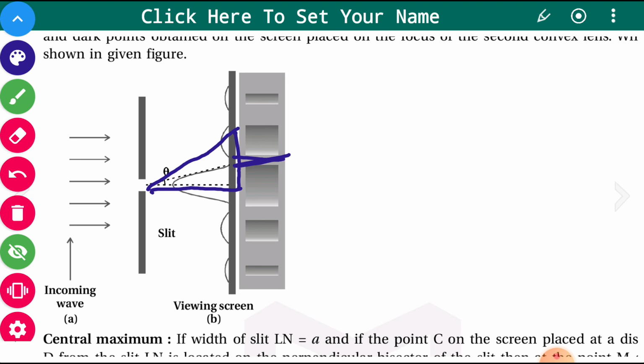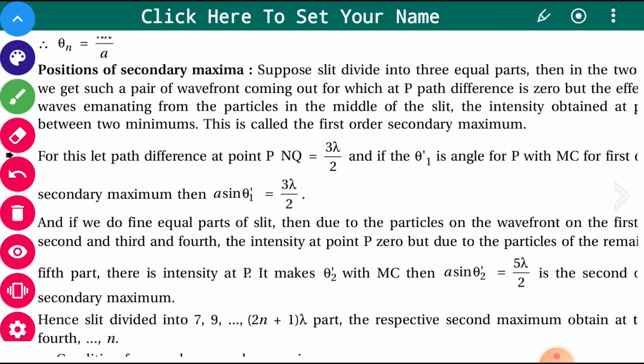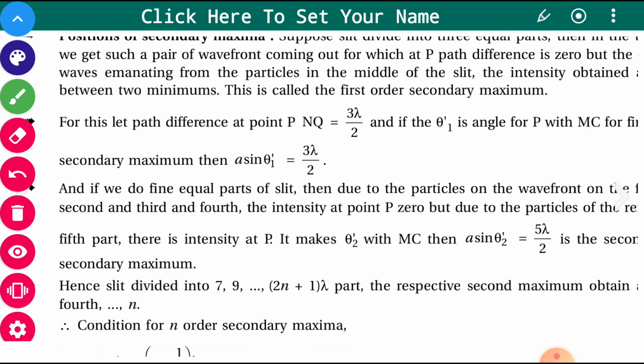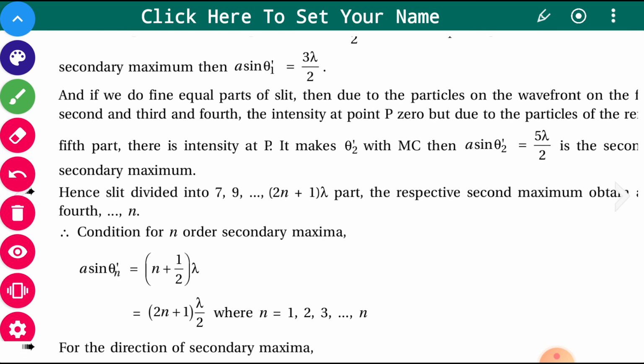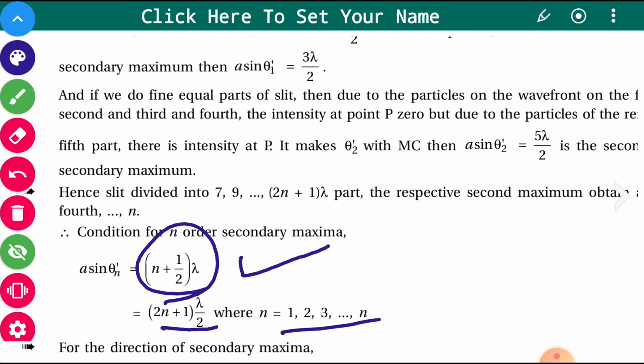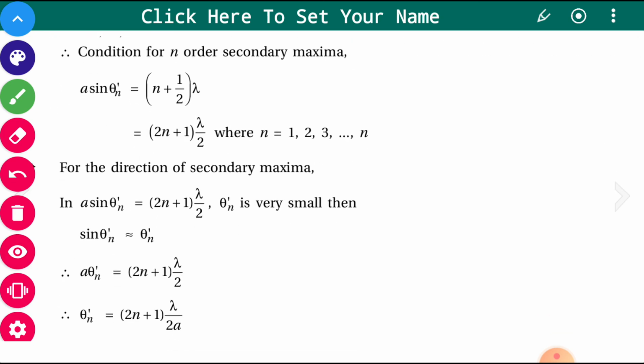Now again the path difference is found, and if this path difference is 3 lambda by 2, 5 lambda by 2, you will get the maxima. In general, a sin theta n prime is equal to (n plus 1 by 2) lambda, or we can say (2n plus 1) lambda by 2, where n is 1, 2, 3 up to n, then you will get the different maxima.